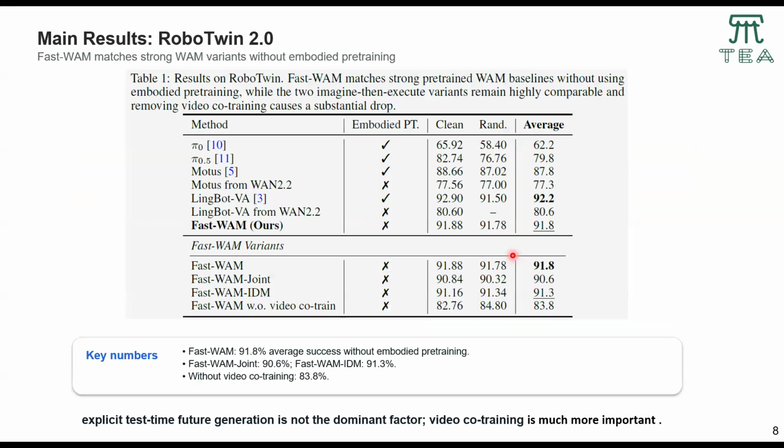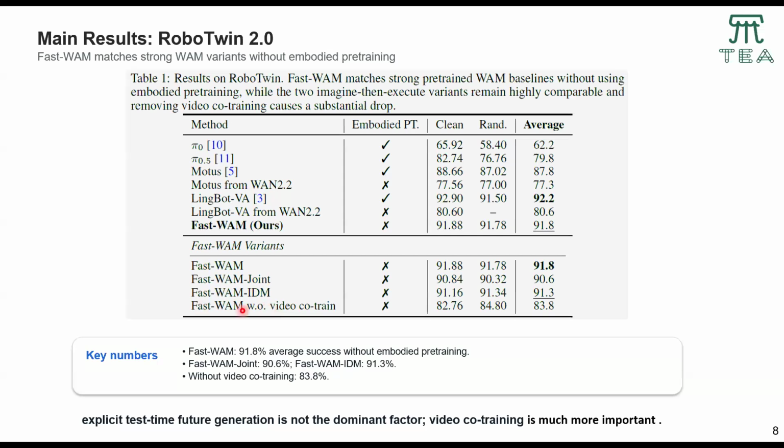So here are the main results on the RoboTwin benchmark. You can see the Fast-WAM model achieves comparable performance compared to this embodied pre-training model, and also can outperform the joint and IDM variants.